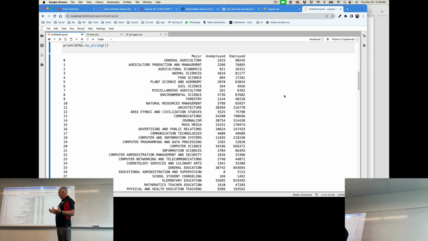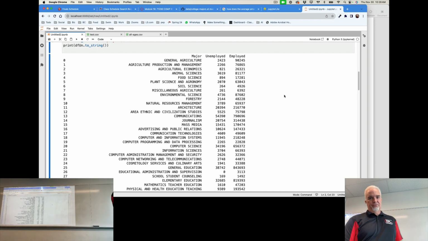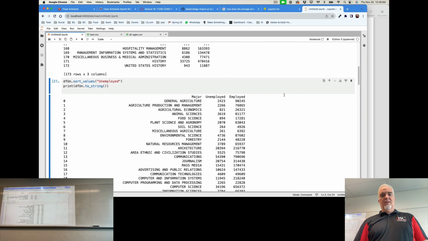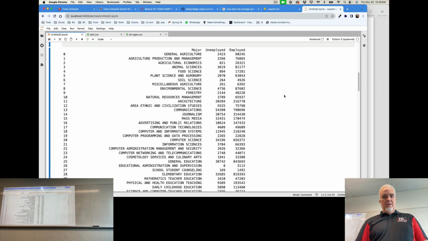Some of these are just very, very small majors in general, and so they have a low number. I mean, soil science has 264 unemployed, but only 4,926 total. Yeah, so some of these are just very small numbers of total people.